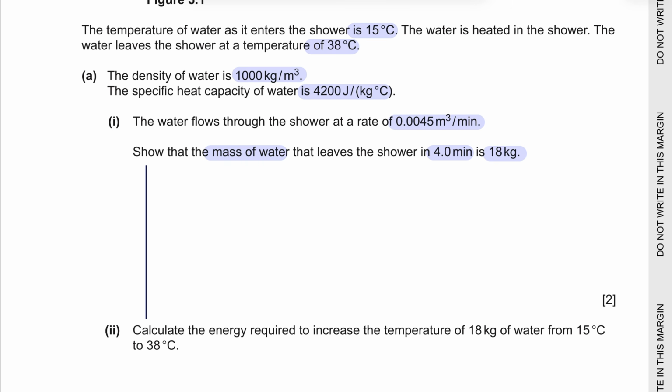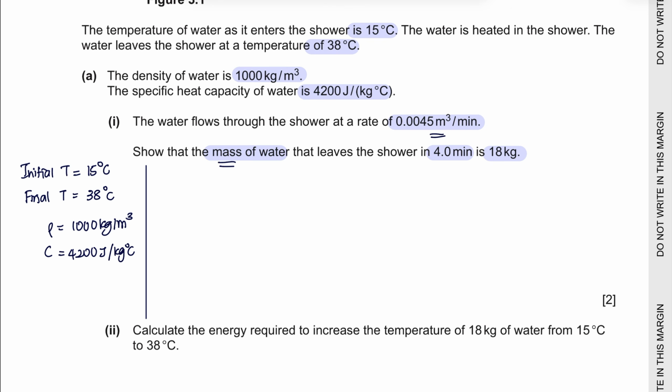Alright, let's first list down all the information that we have. So we have change of temperature, density, and specific heat capacity, and you're also given the rate of flow. You are asked to look for mass. One of the formulas that we can use here would be density and the rate, which contains volume, because the formula of density is mass over volume.